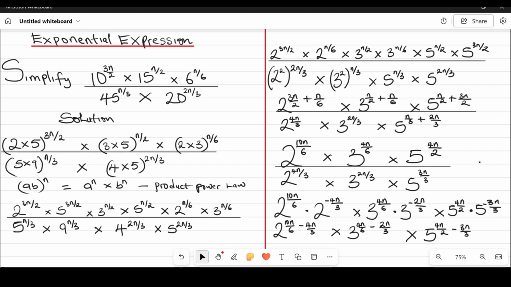Now it's time for us to simplify the index or the power of each base.